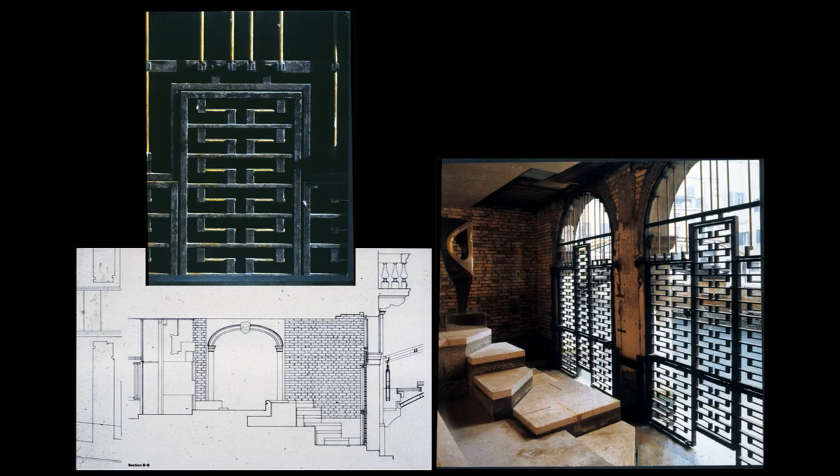Rather than hermetically sealing those two arched openings, what he did was to put these really beautifully designed grates in the doorways. The grates are operable. Once again, people could, hypothetically, arrive by canal. But they also allow the water in.